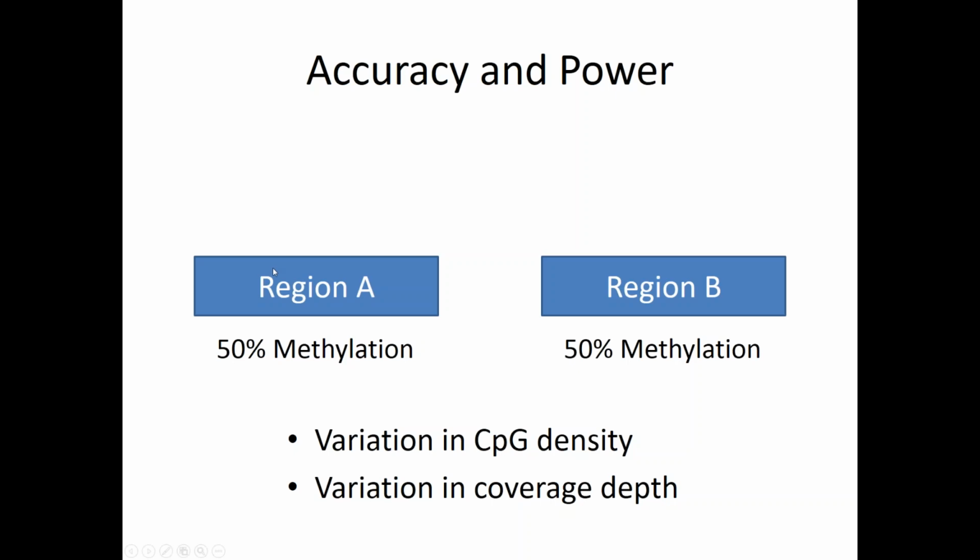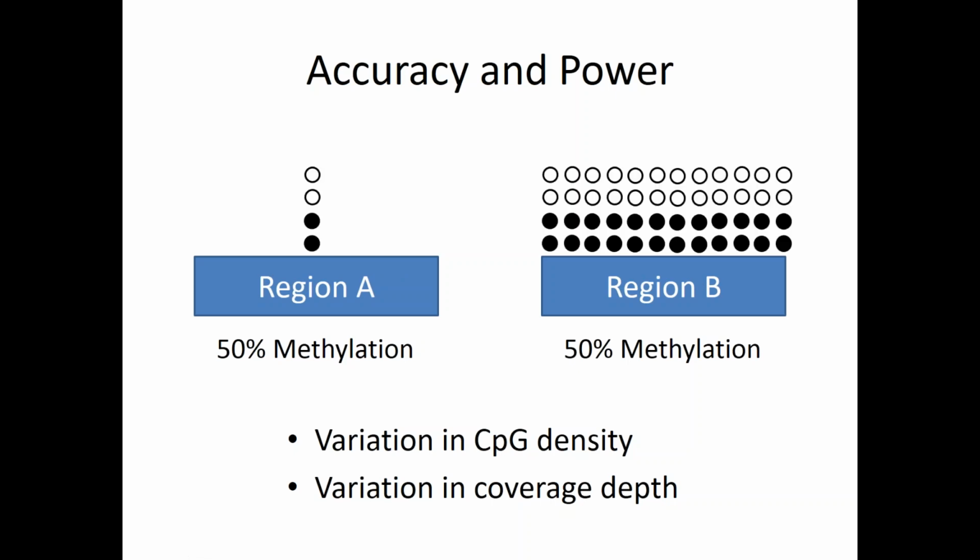For example, if I have two regions of my genome, region A and region B, and both of them are quantitated as 50% methylation, I might consider them to be reasonably equivalent. But if I look at the data underneath them, region A might only have a single cytosine in it, which means that yes, it's 50% methylated, but off a very small level of observations, so that measure is not very accurately quantitated because even a single change would have had a big effect.